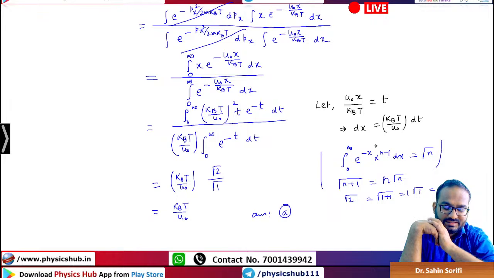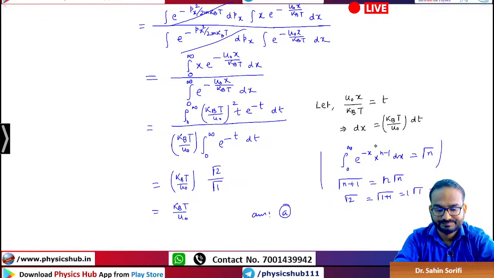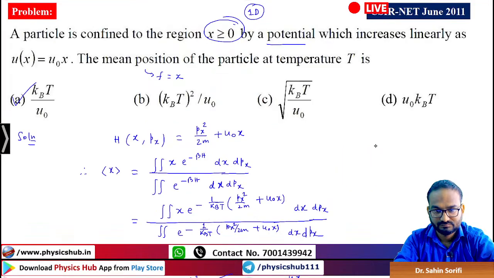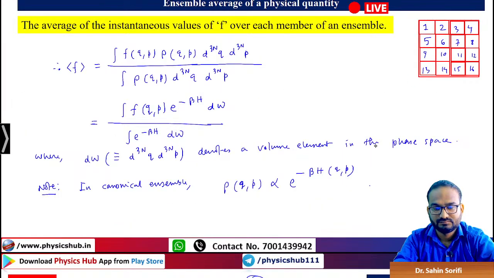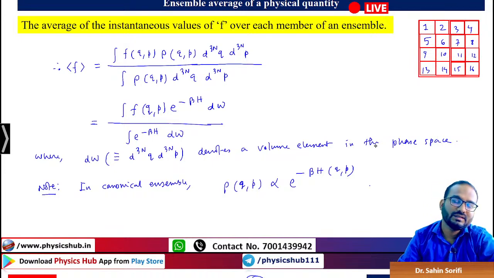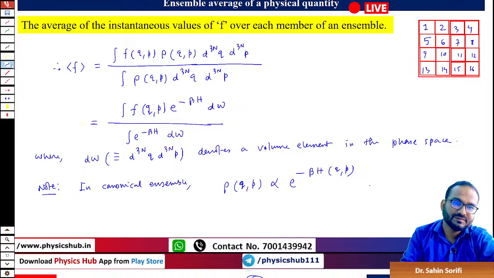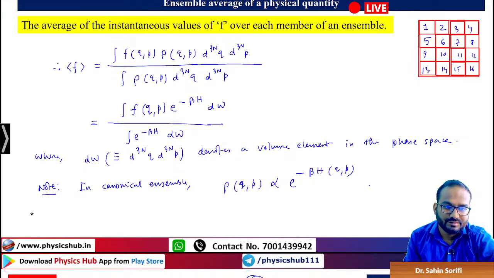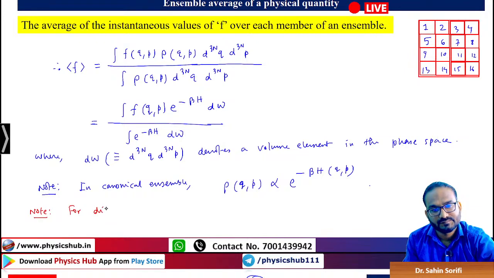Is it clear, guys? Tell me quickly. Look, here we have used the continuous case. So if we have a discrete system, what changes can we have here?